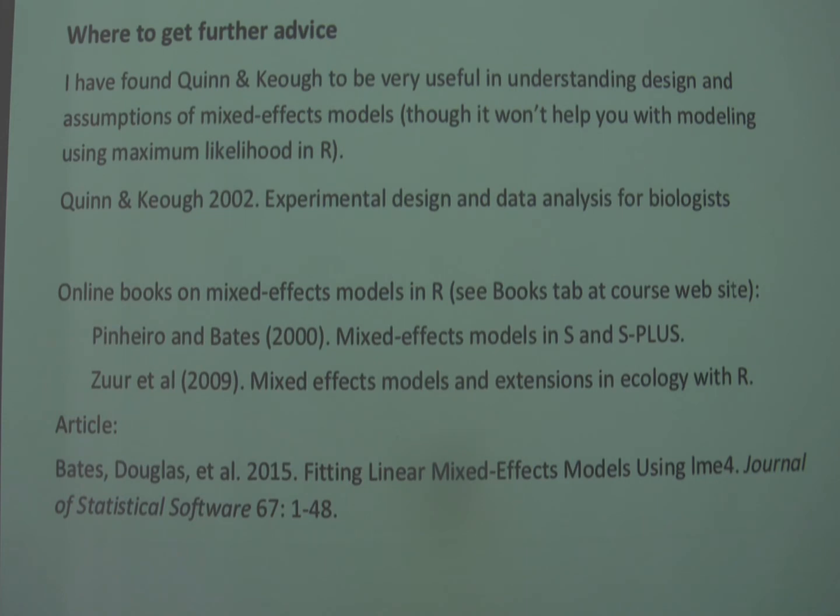What's my source for analyzing data that includes both fixed and random effects? So I brought this book in the first lecture in the course. I really like this Quinn and Keough book. I find that it's very well written, it's very clear, it identifies the problem. It won't tell you anything about R.